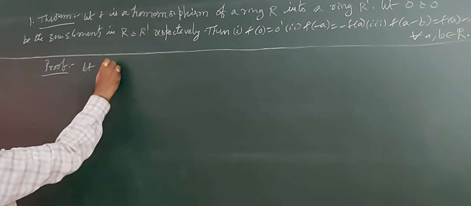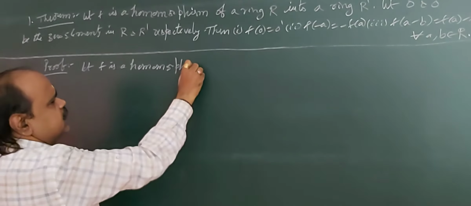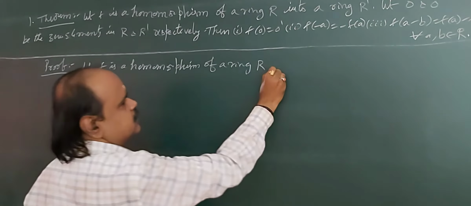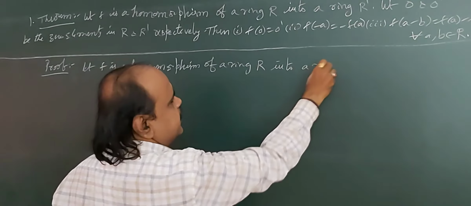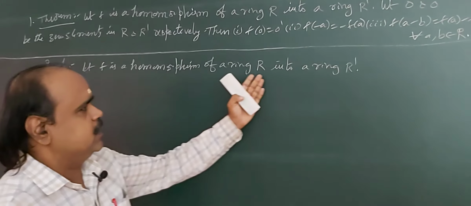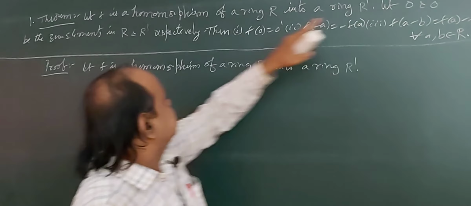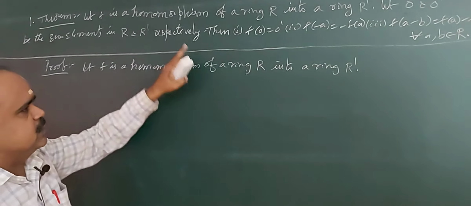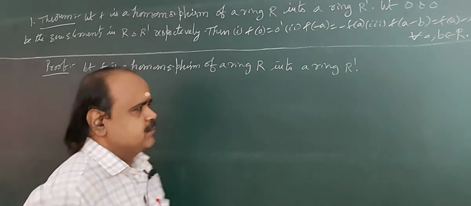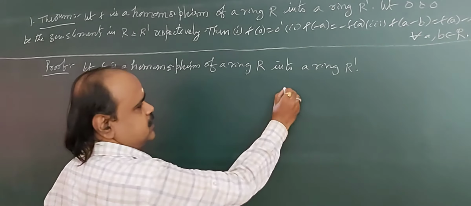Let small f be a homomorphism of a ring capital R into a ring R dash. Here small f is a homomorphism of capital R into another ring R dash. Next, let 0 and 0 dash be the zero elements in capital R and R dash respectively. Since capital R and R dash are rings, a zero element must be there. Here R and R dash are two different sets.